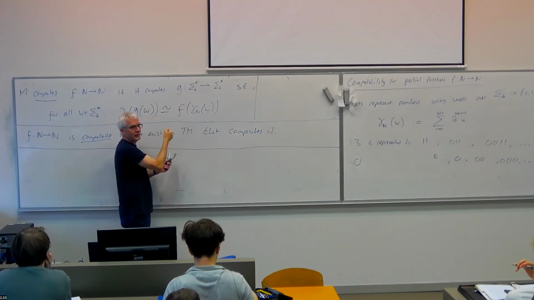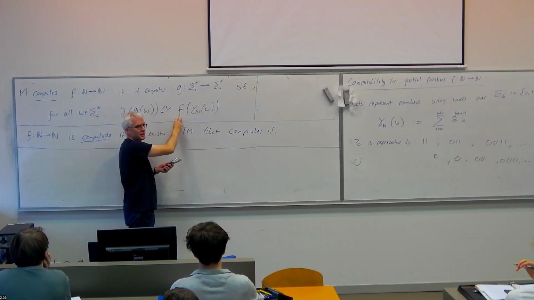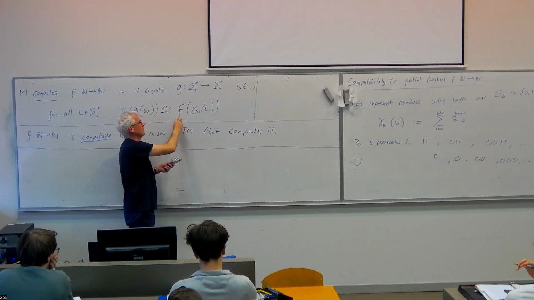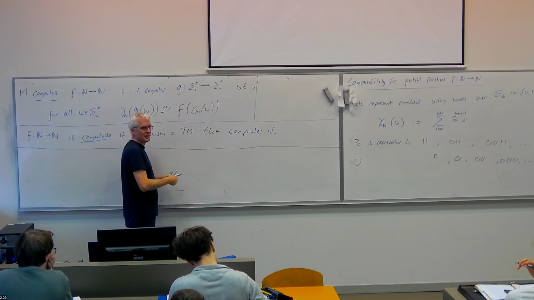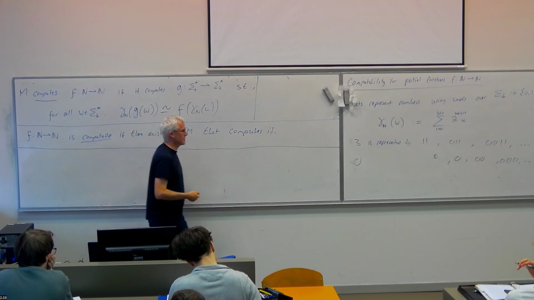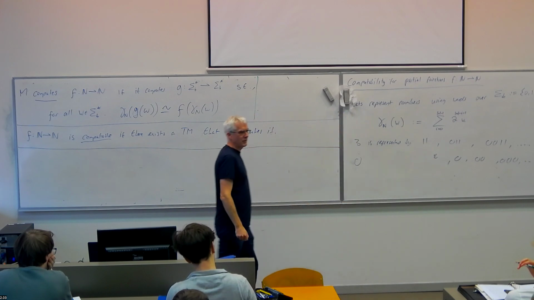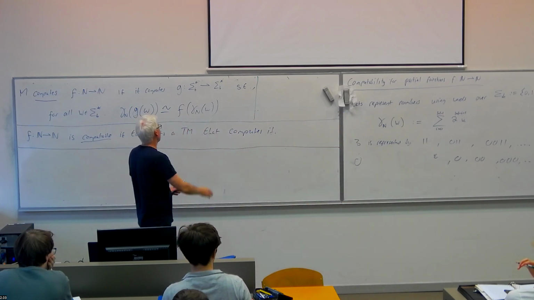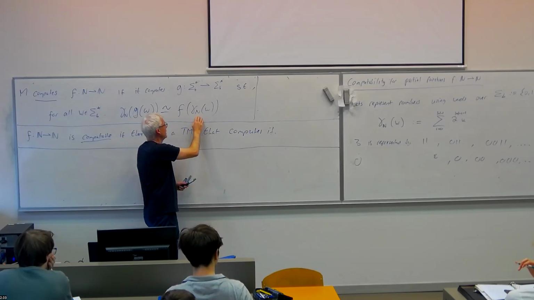Notice that if we fix the function f, there would be several different functions g that work as an implementation of f, because for example, the constantly zero function could be represented by the Turing machine that just always ends with just a zero on the output tape, but it could equally well be represented by the Turing machine that ends with the empty output tape. So both those will represent the constant zero function. So in general, we have many different g's that implement, if you like, the same f.